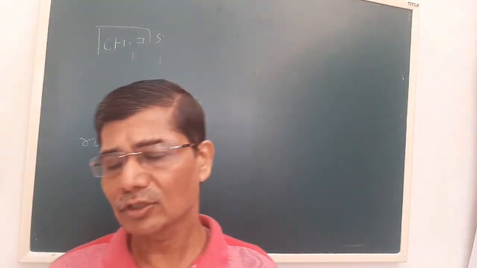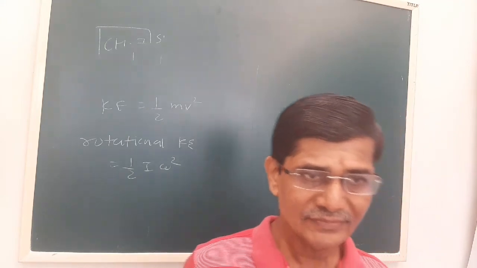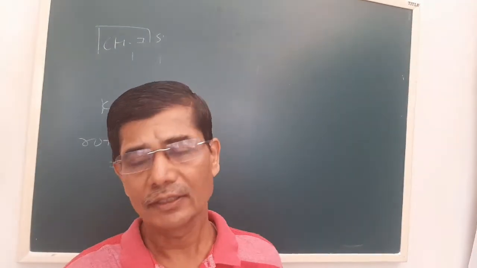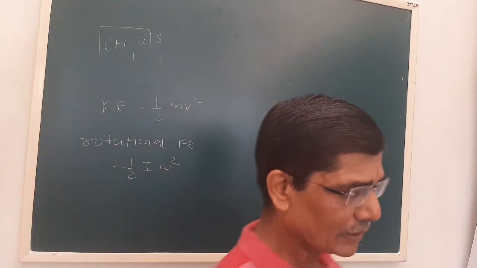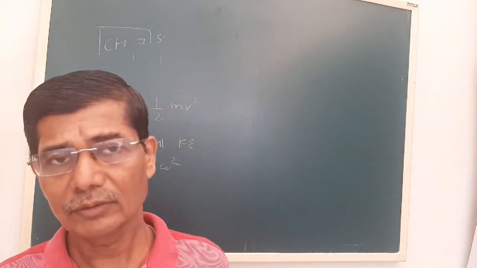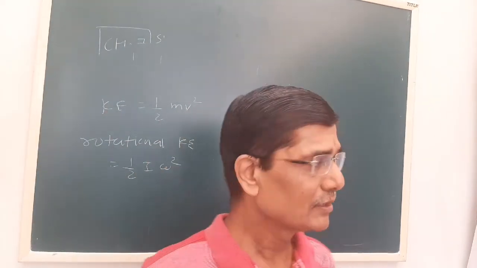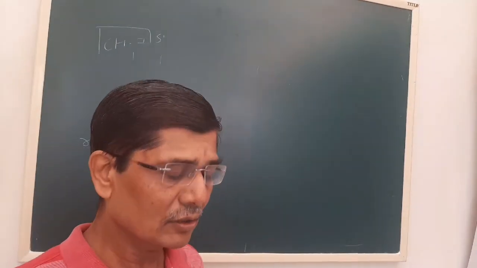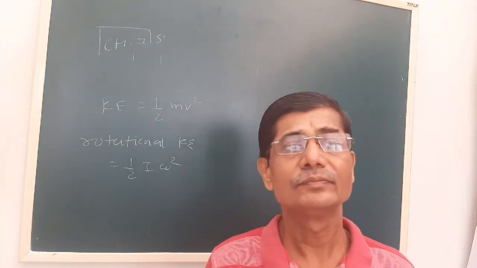In linear motion we talked about equilibrium of forces. In rotational motion, if the resultant external torque acting on a rigid body is 0, then the angular momentum remains constant. And finally we talked about moment of inertia, which is analogous to mass in linear motion.